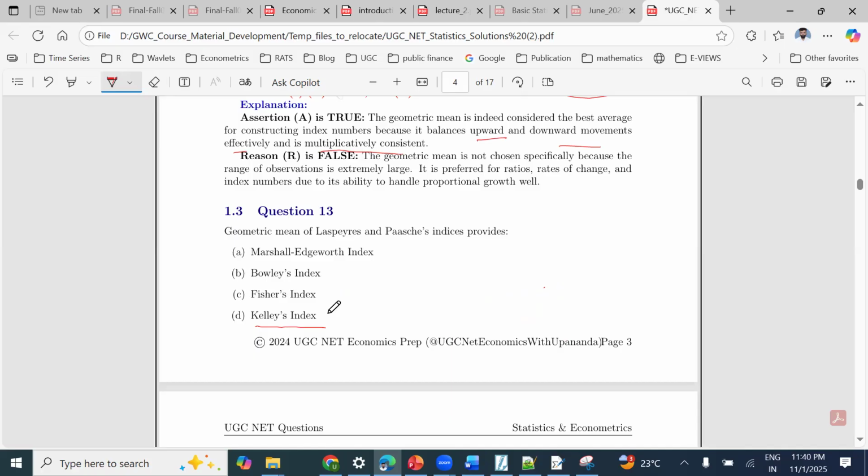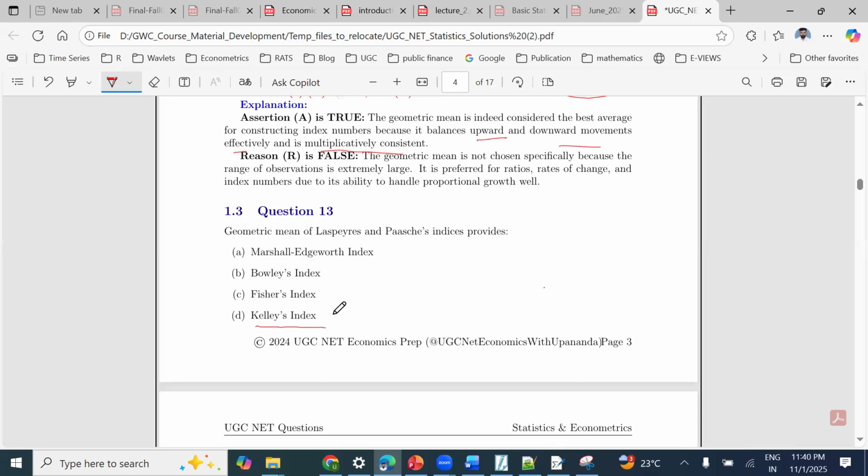So basically, I am just telling. I hope Chinmay is there, right? Yes, sir. If the weights are kept fixed for all periods, meaning weights are constant quantities without any reference to the base or current period, then we get Kelly's index.